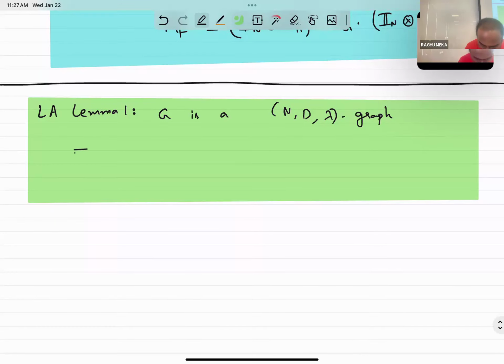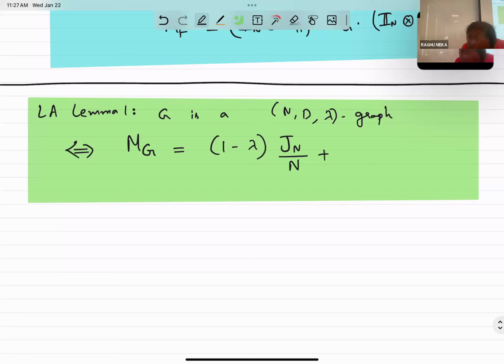So it is true if and only if I can write the normalized adjacency matrix as, I'll talk about what this means in a second.